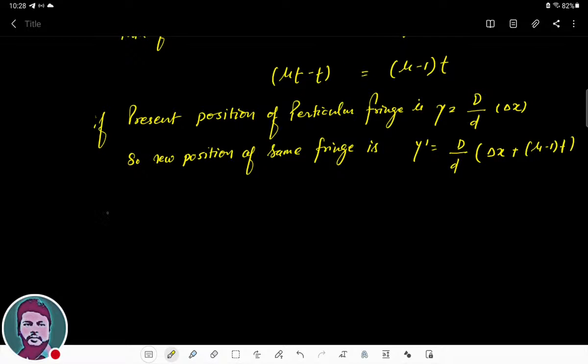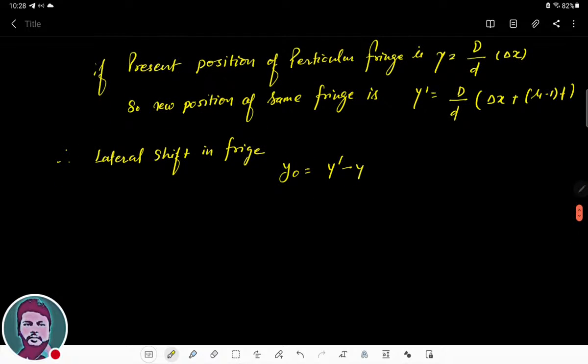All right, now the lateral shift in fringe is y naught, equal to y dash minus y. So put the value here: d over d delta x plus mu minus 1 t, minus d over d delta x.